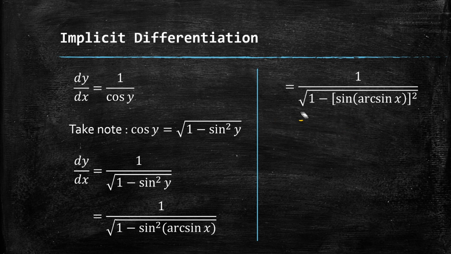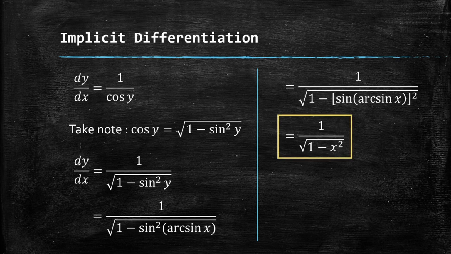So that's why sine of arcsine of x is just x. So we have 1 over square root of 1 minus x squared, and if we generalize this, you'll get 1 over square root of 1 minus u squared du dx, being the derivative of arcsine. So that's how we got the formula for arcsine.